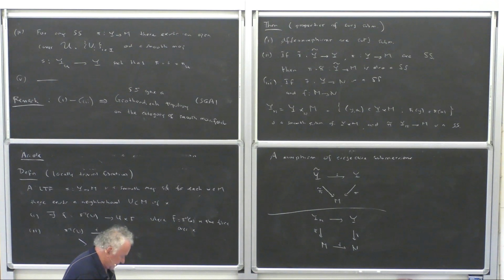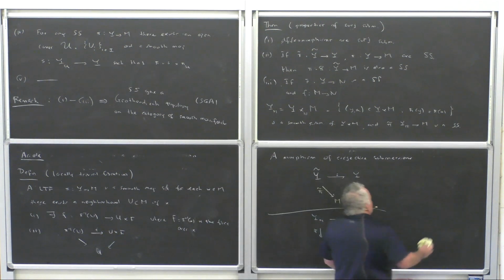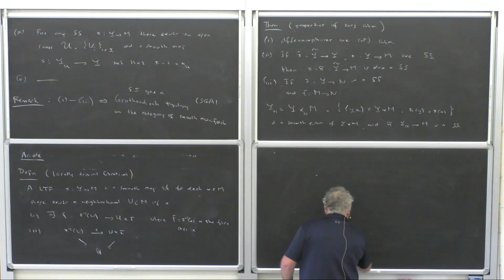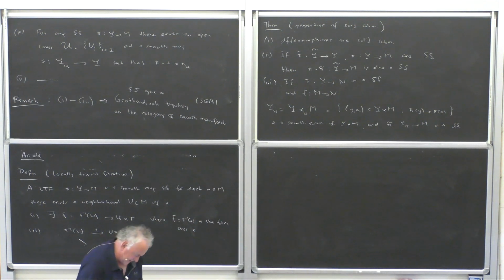Now, not all locally trivial fibrations are surjective submersions, and not all surjective submersions are locally trivial fibrations. But there's, of course, a large intersection, and you might want to have one theorem in that context.